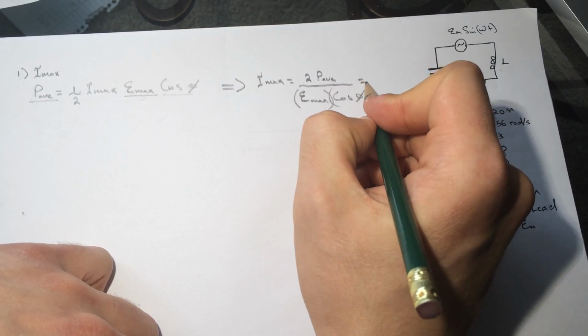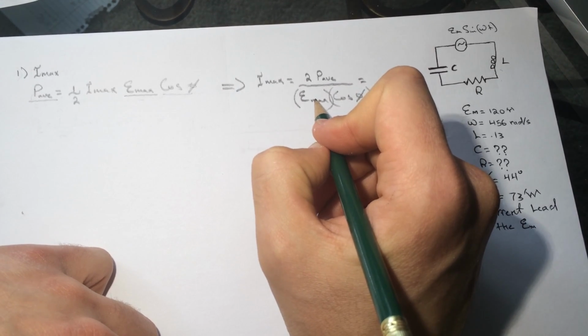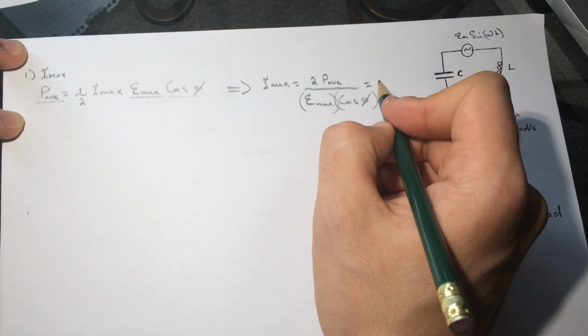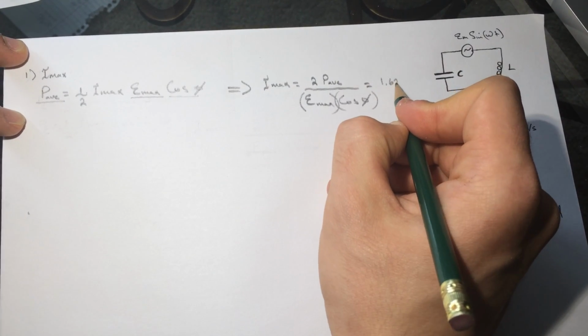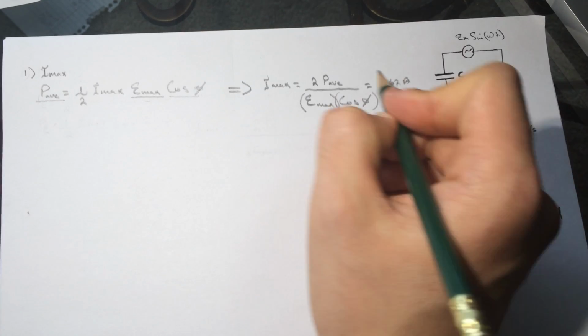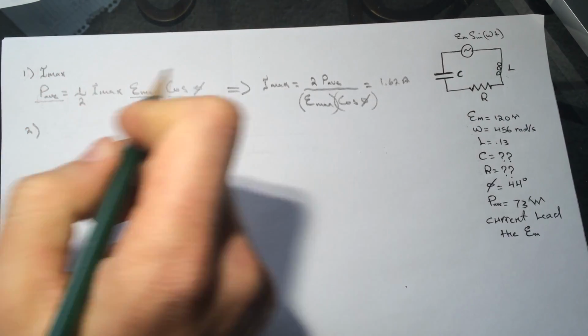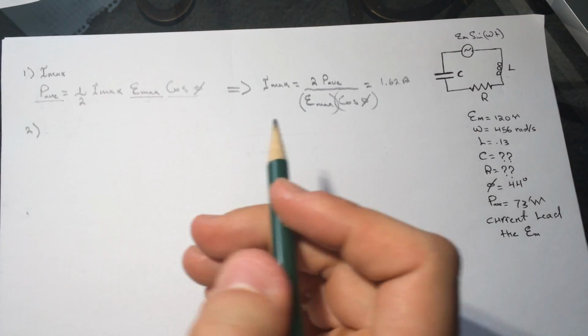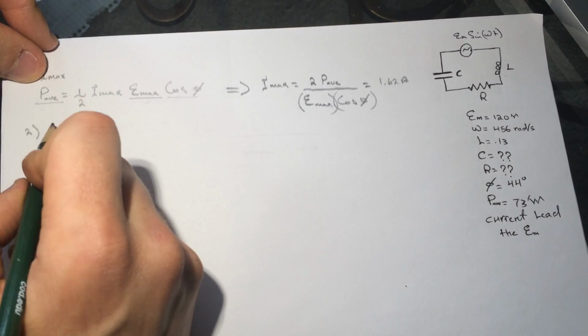And you'll get the I max. For this one I got 1.62. Okay, for number 2, they're asking what is R, the value of the resistance in the circuit.